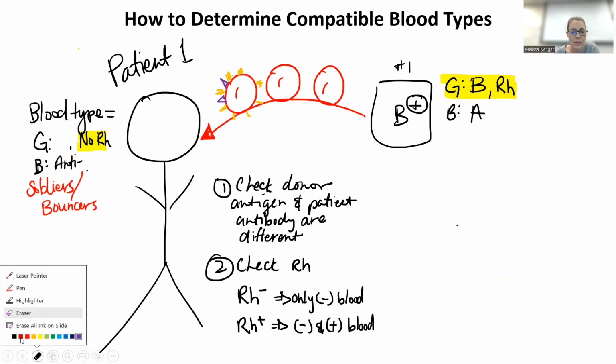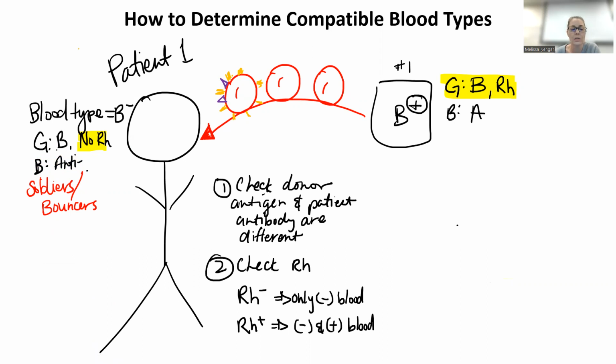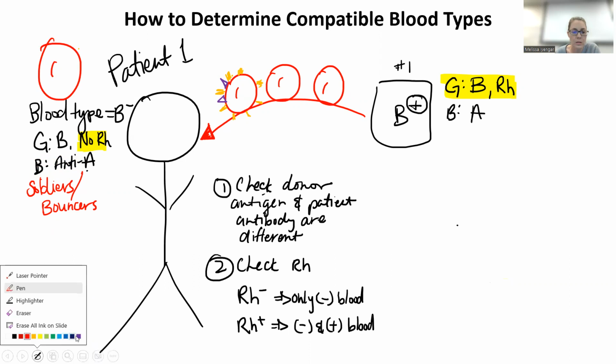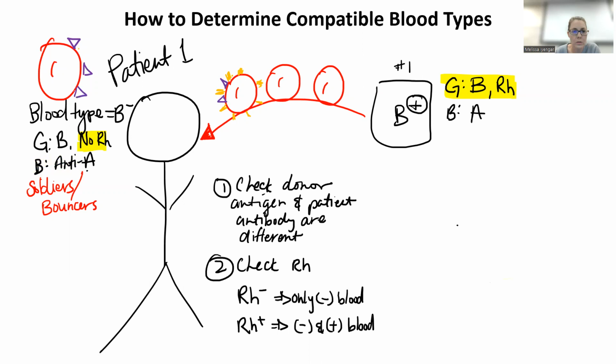So my patient is going to be B negative. So that means I have the B antigen and the anti-A antibody right there. So my blood cell looks like this. I'm just going to have these little purple triangles surrounding. And that's it.